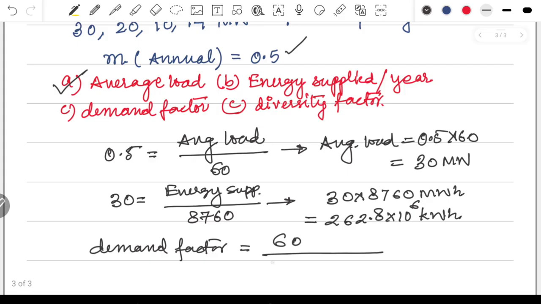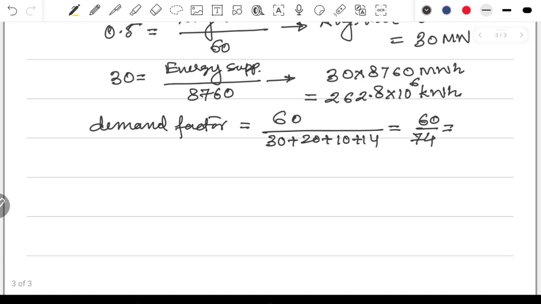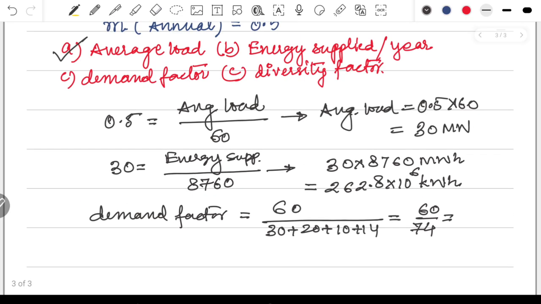This will give you basically 60 by 74. You can solve this, and it will come out close to 0.8, roughly. Let's say it is 0.81. So this is also over.